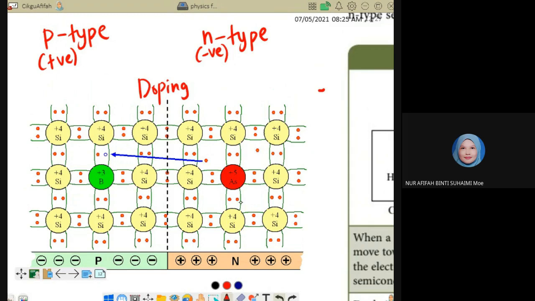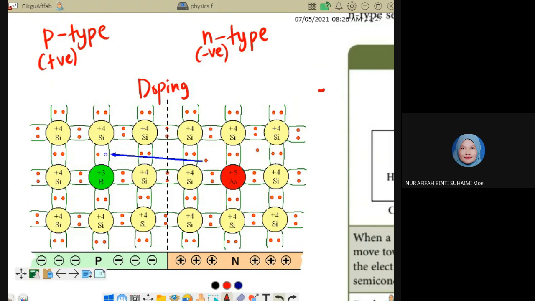For n-type, we dope the silicon with a pentavalent atom, arsenic. For p-type, we dope the semiconductor with a trivalent atom. This is the doping process.